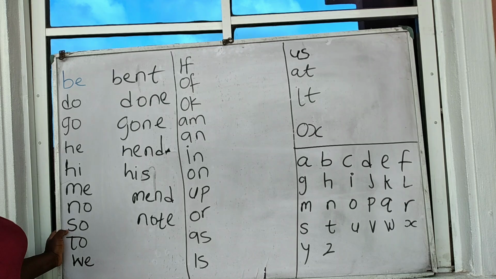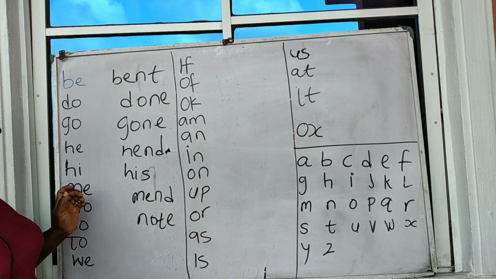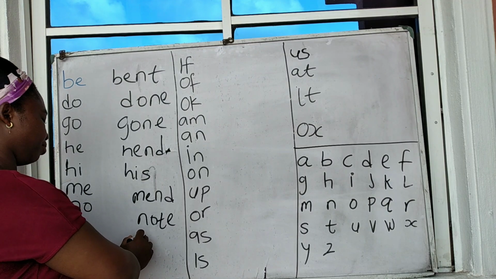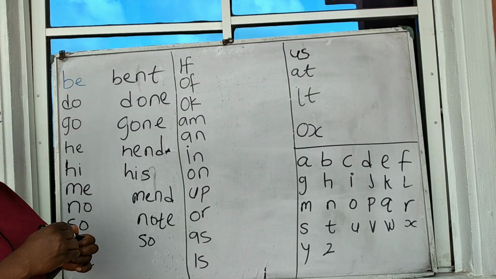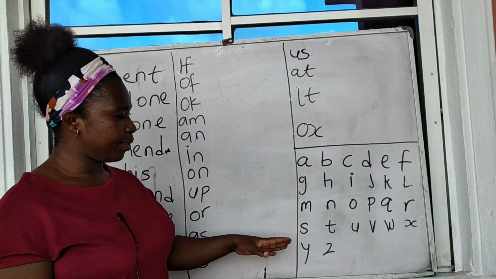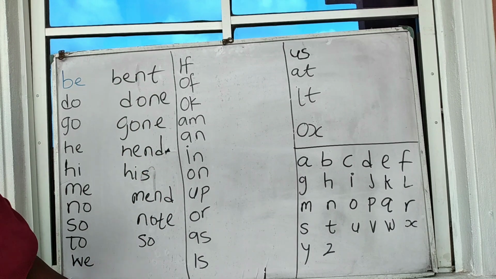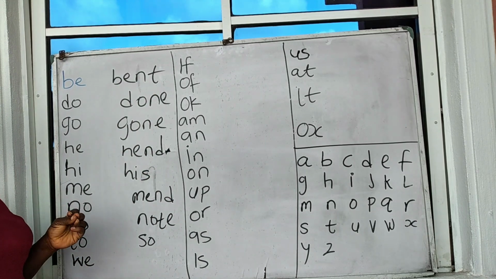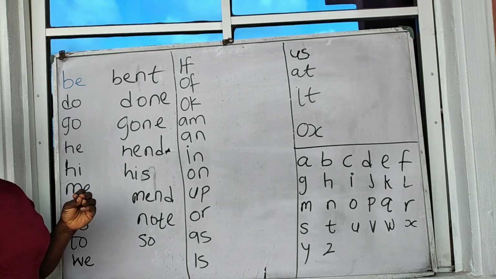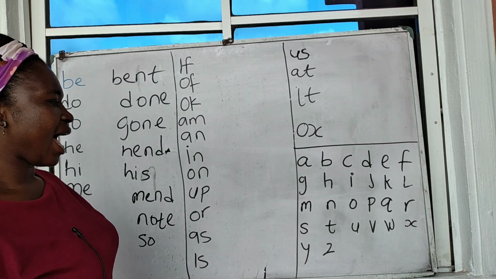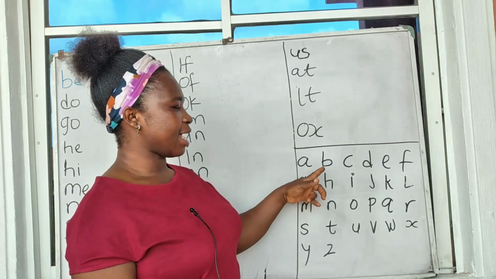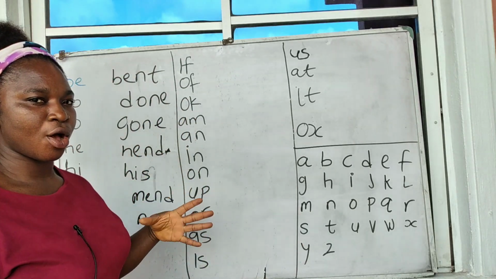Now the next one, S-O, so. This is so. If I come right here and pick the letter N, I'm going to have son. S-O-N, son. My son, your son, okay? And if I choose letter B, I'm going to have sub.